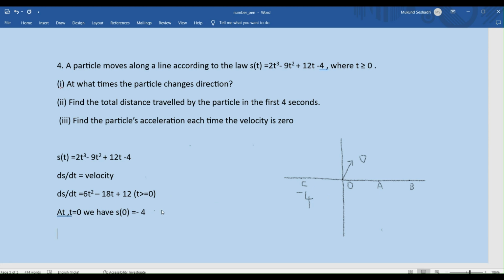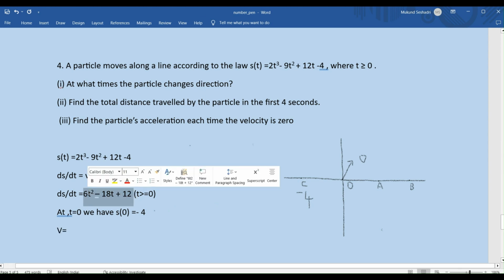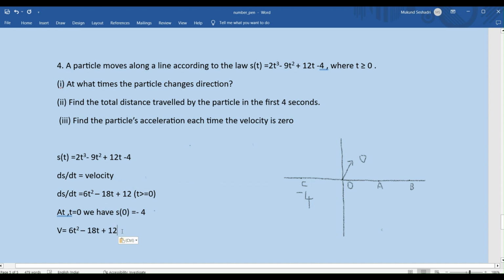So when does a particle change direction? Let's rewrite the velocity equation. I'm going to copy this in the interest of time. And let's watch this very closely.